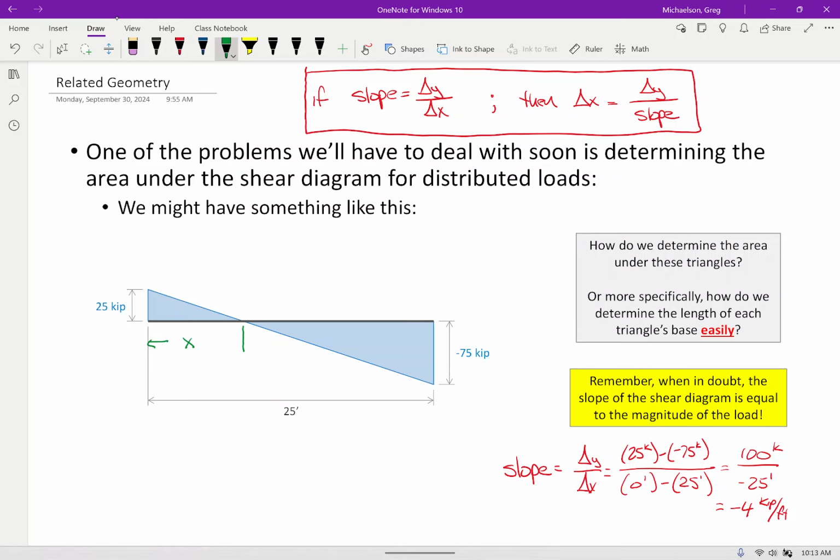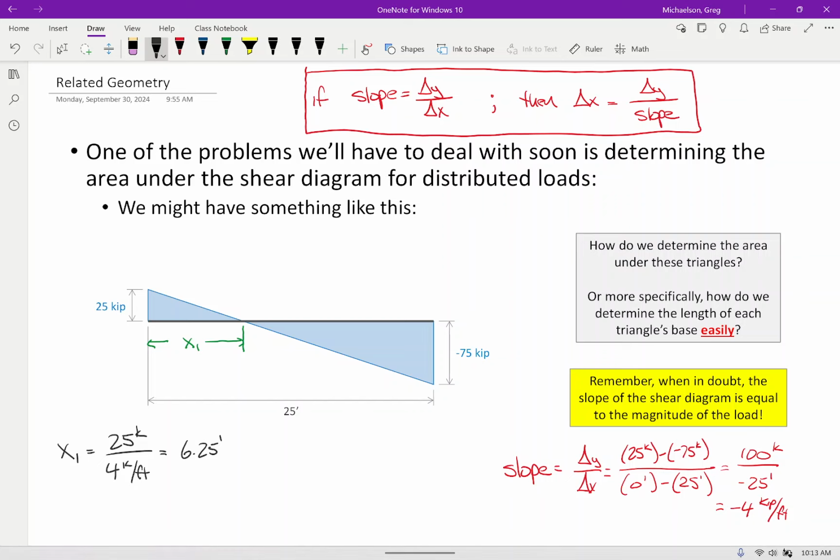And we'll call it x1. I propose that x1 is just going to be 25 kips over 4 kips per foot, which is just going to be what? 25 over 4, so that's 12 and a half over 2. What is that, 6.25 feet?